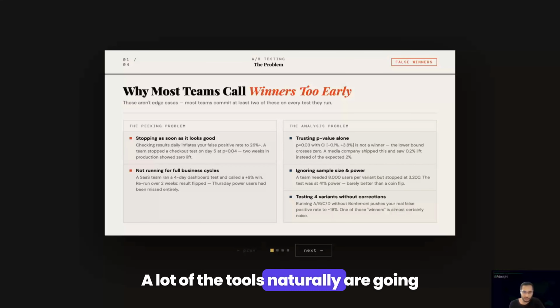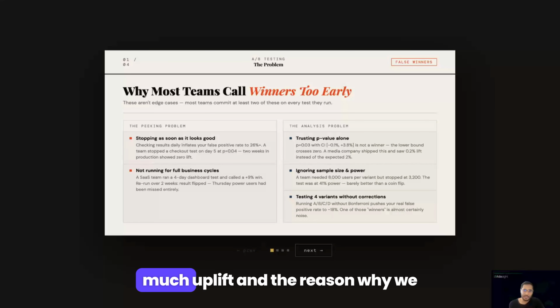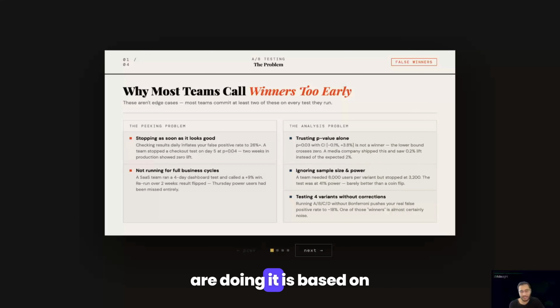A lot of the tools naturally are going to help you put in a hypothesis. Have a very good structured hypothesis: if we are going to do this change, then we're going to see this much uplift, and the reason why we are doing it is based on this particular feedback that we got. So have a pre-registered hypothesis documented and ready along with your experiment.